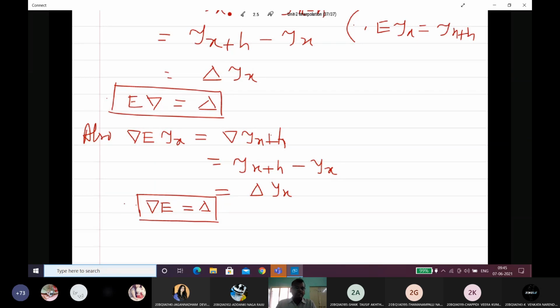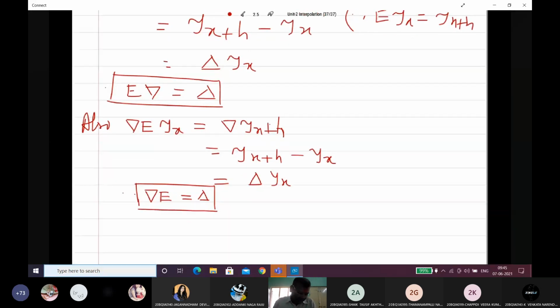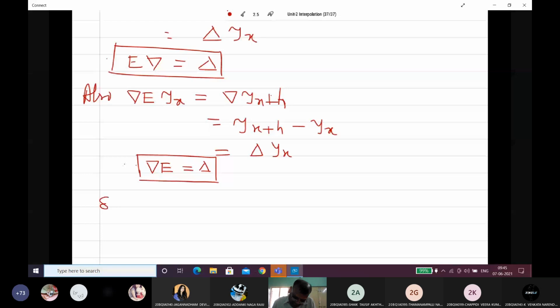So the first one is equal to delta, the second one is equal to delta, and the third one is small del E power 1 by 2 of y x. Del E power 1 by 2 is equal to del y of x plus h by 2.